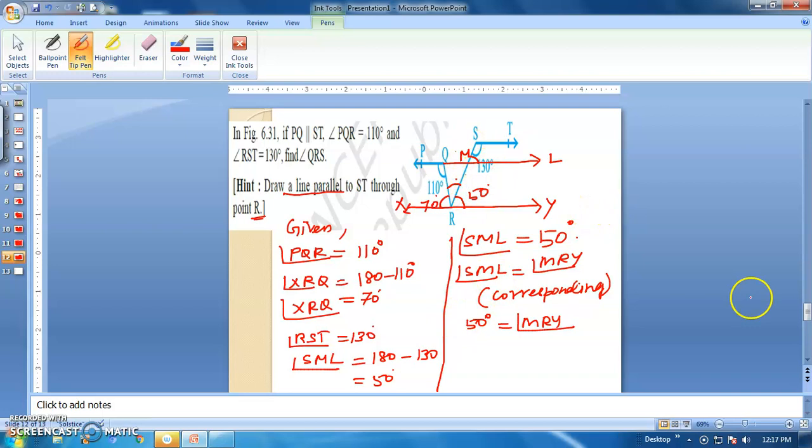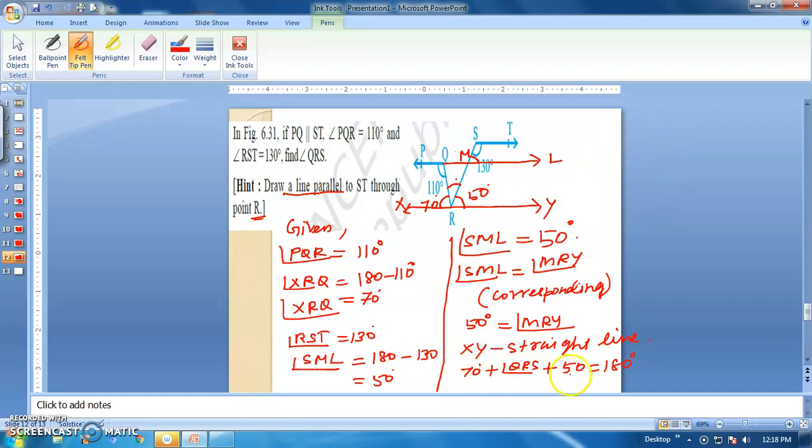Right? Now look at here. Now XY is a straight line or not? So XY equal to straight line. Therefore, the straight line is divided into three angles, that is 70 degrees plus this unknown value, that is Q or S, plus this one 50 degrees, and this total angle is 180 degrees because of linear pairs, that is straight line angle.